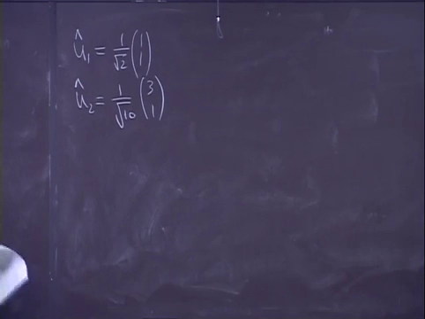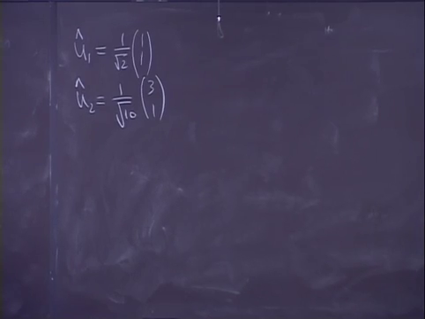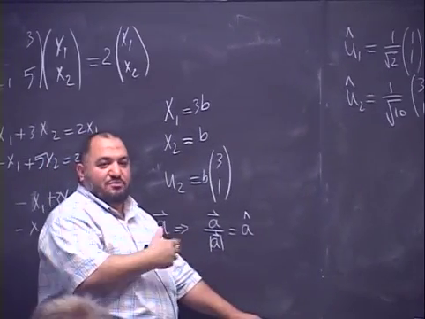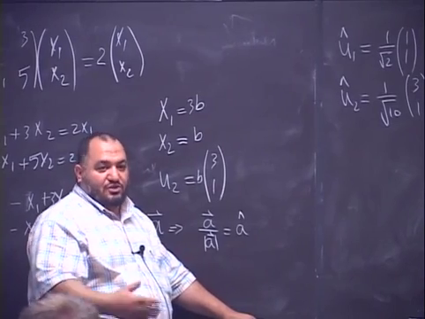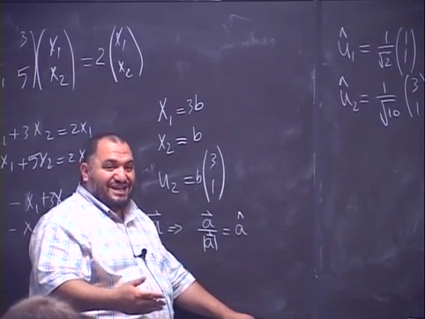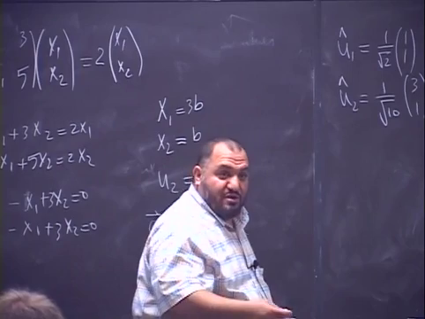So we have u1 and u2. Are they linearly independent or linearly dependent? Independent. Why? One is 1, 1, the other one is 3, 1. Is there any relation between those two vectors? No, so they are linearly independent. So they can form a basis.